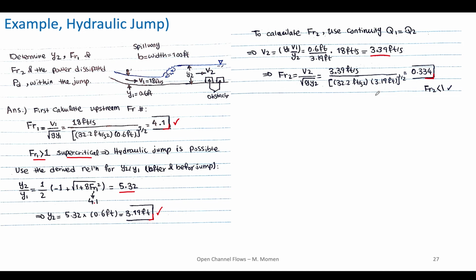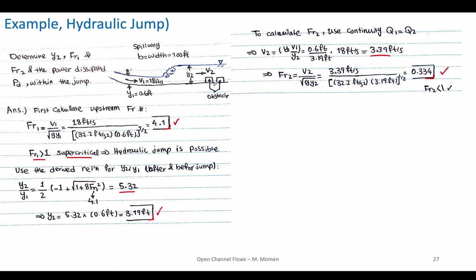As you see, and as we expected, Froude number 2, the downstream Froude number, is smaller than 1. And this shows that this problem satisfies the hydraulic jump criteria. And so you see that we go from a high-speed, shallow channel to a low-speed and deep channel configuration or regime.